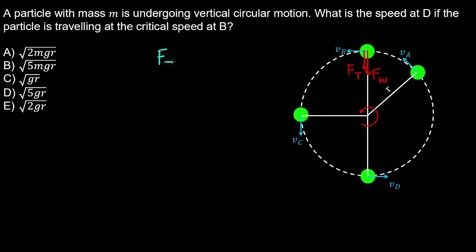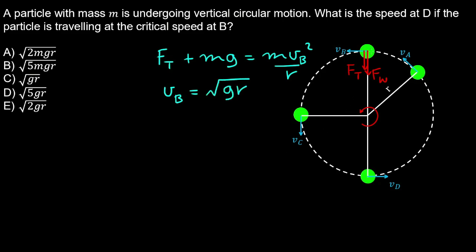So we have Ft plus the mass of the particle by g is equal to the centripetal force, which is mvb squared on r. And when there's no tension in a string, that's the critical speed where the ball is about to fall inside the circle. So we take Ft is 0, and therefore the critical speed is equal to root gr.